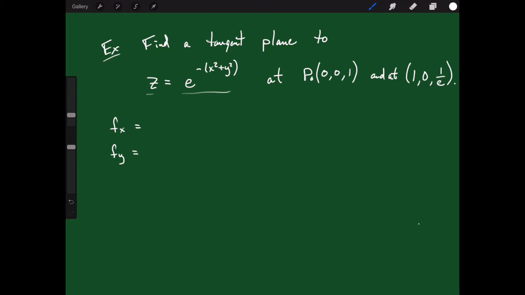Okay, so the partial with respect to x, we have e to a power, so the derivative of e to a power is just e to that power, times the derivative of the power with respect to x, but the derivative of that power with respect to x is going to be minus 2x. Okay, and what's the partial with respect to y? Very similar. E to the minus x squared plus y squared times negative 2y.